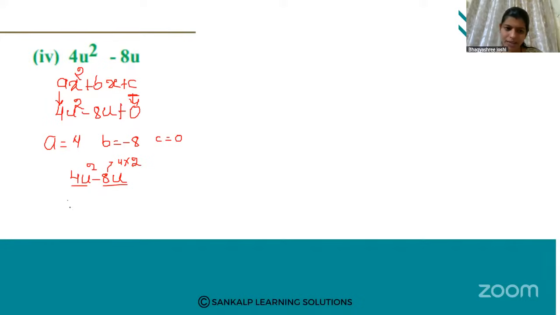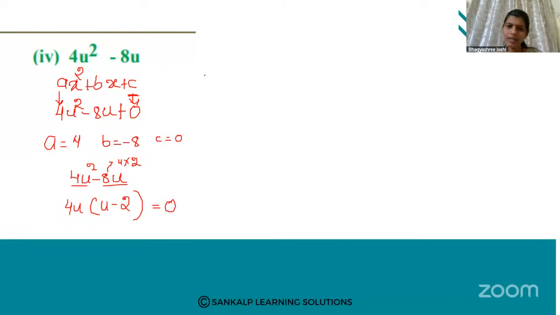That means I will take 4u outside. If I take 4u outside, what will remain in the bracket? u minus 2, right? Now, 4u into u minus 2. These two are the factors of this quadratic polynomial. Next step, I will equate these two factors with 0.